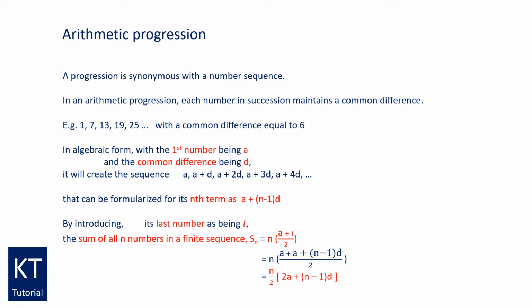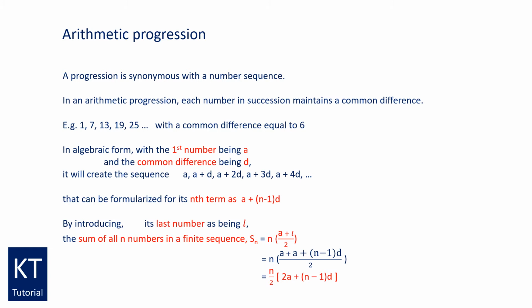It will create the sequence of a plus d, a plus 2d, a plus 3d, a plus 4d, and so on, which can be formularized for its nth term as a plus the product of n minus 1 and d.